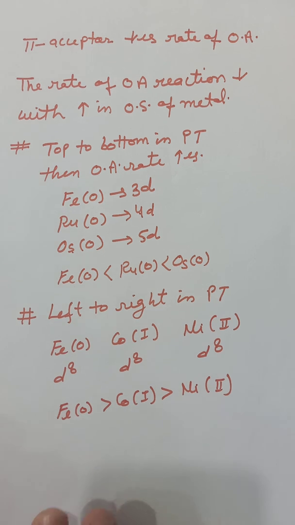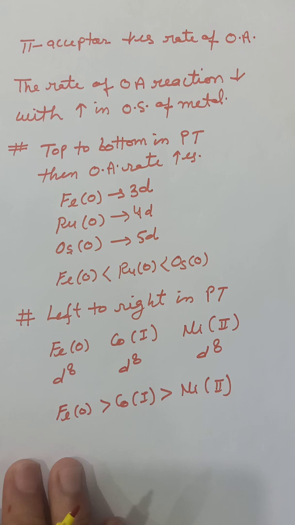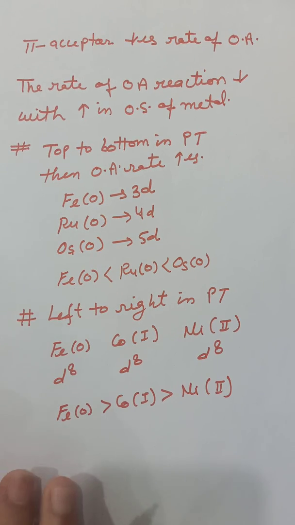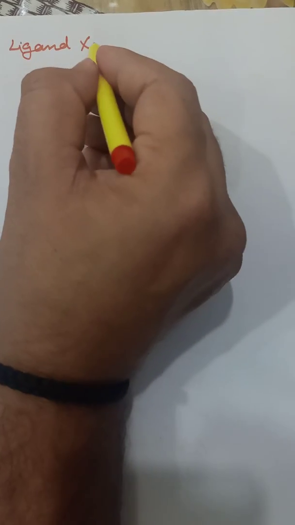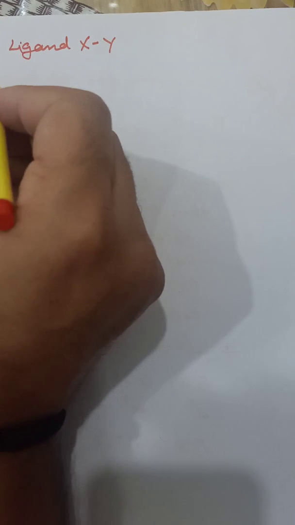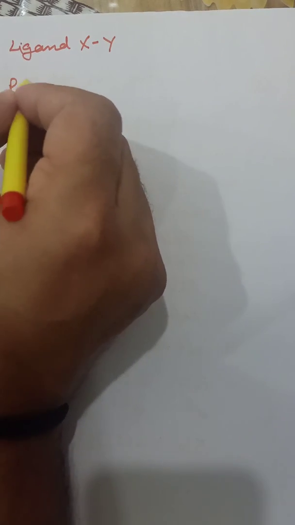Now next let's see the nature of these X and Y ligands. What is the class of this X and Y ligand, whether they are polar, non-polar, or anything else. This ligand X and Y can be a polar ligand.